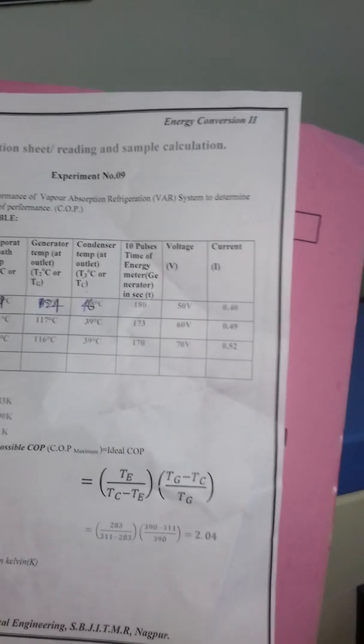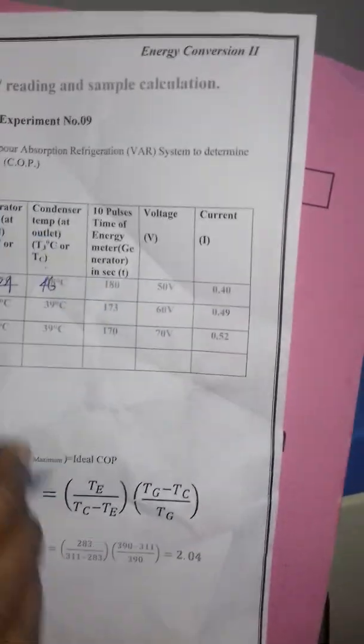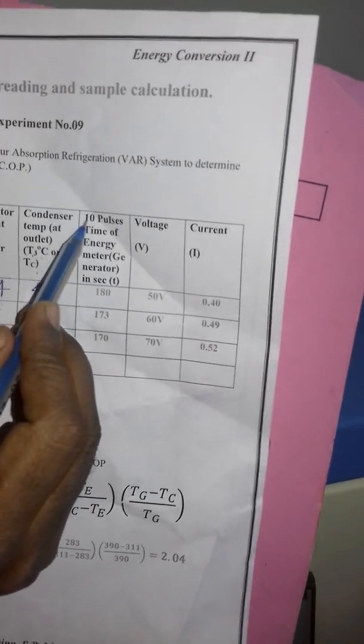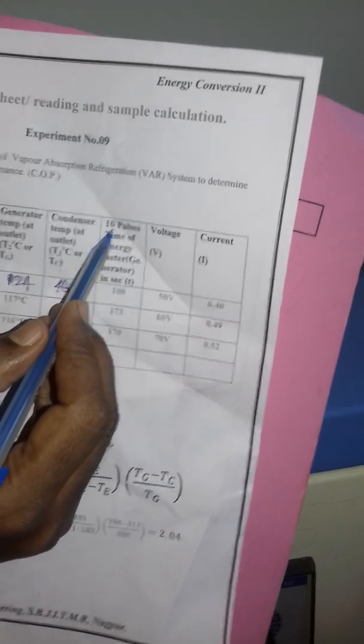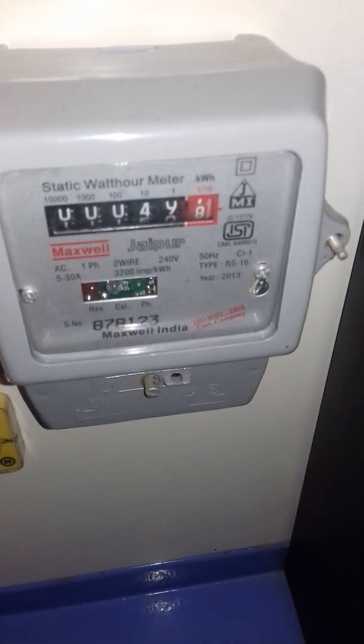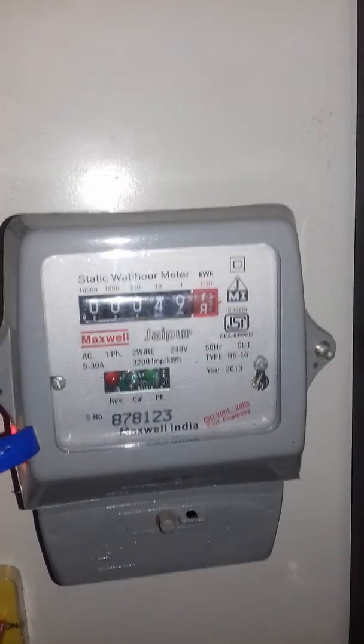Then the next column is for recording the pulses of the energy meter. Here we have to measure the time taken by the energy meter for 10 pulses. So we will count the time and see how much time is taken for 10 pulses of the energy meter, and record it here. We'll start from the first pulse.